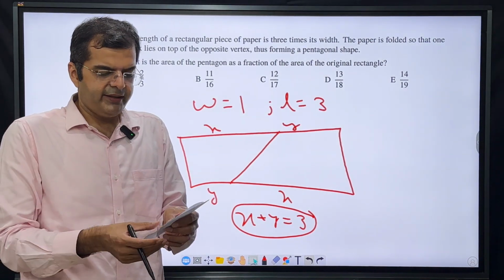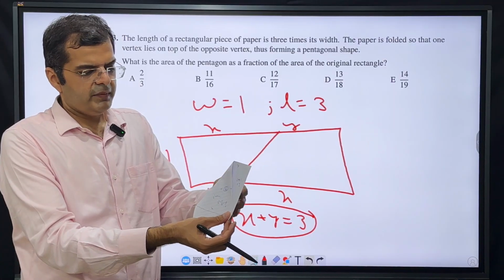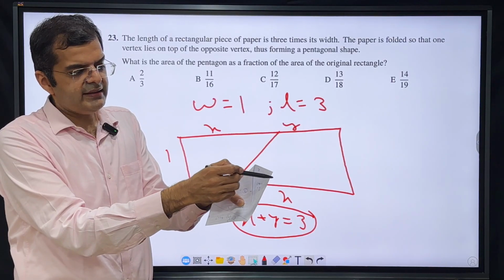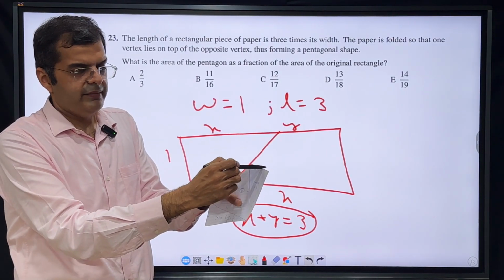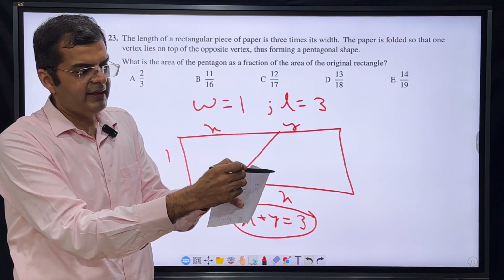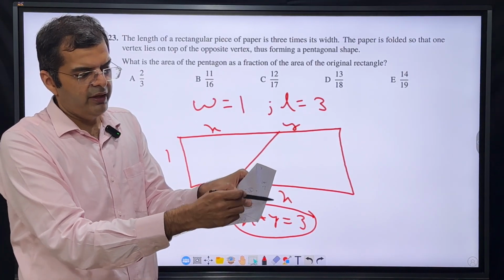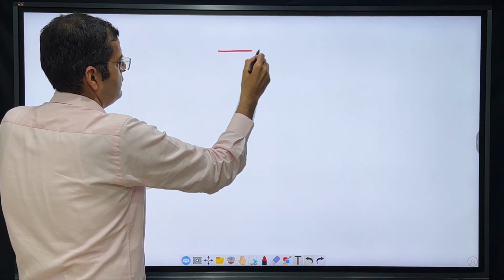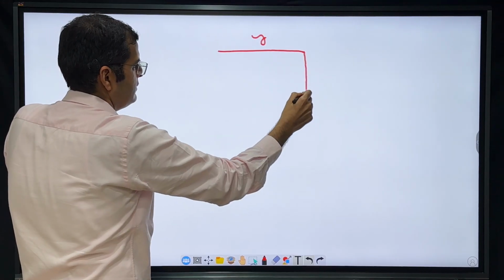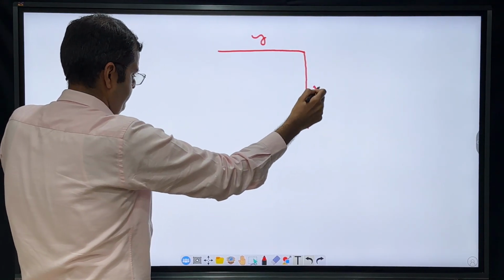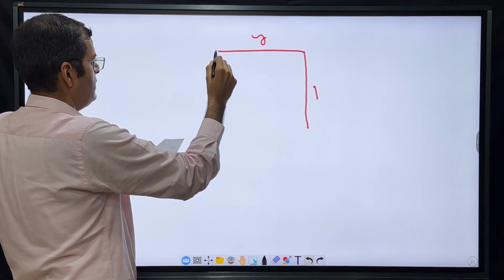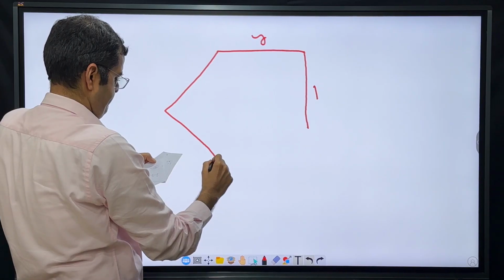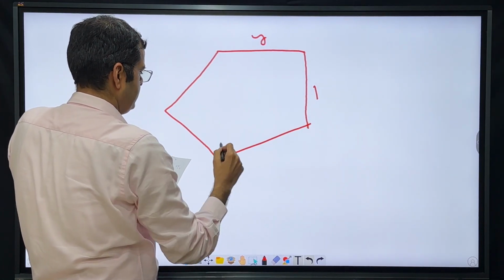Now when I have folded it, I have created this right angle triangle first of all, and in this right angle triangle one of the legs will be y, and the other leg, which is 90 degrees to it, will be 1 unit. So y is here, 1 is here, then it goes like this, and finally this, and this is 90 degrees.